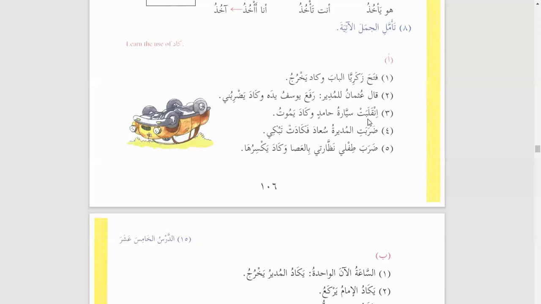It is basically the car, right? Inqalabat sayyaratu Hamidin. Okay. Hamid's car turned over or capsized. Wakada yamutu, and he almost died. So Hamid's car turned over and he almost died.